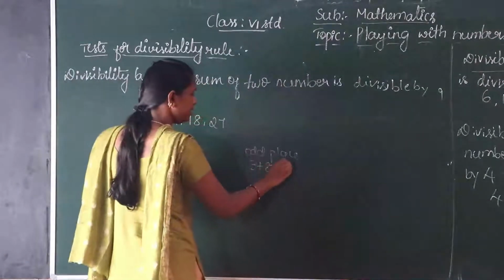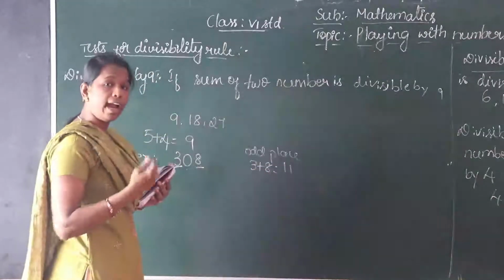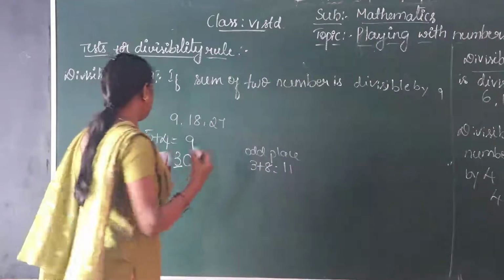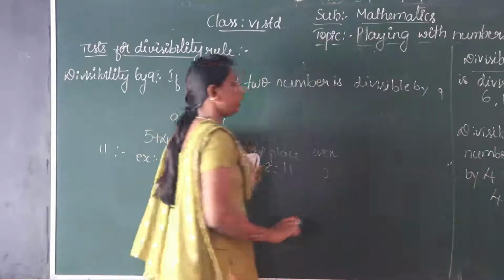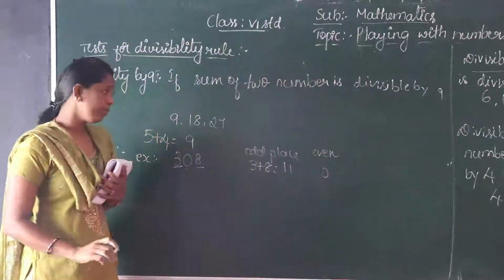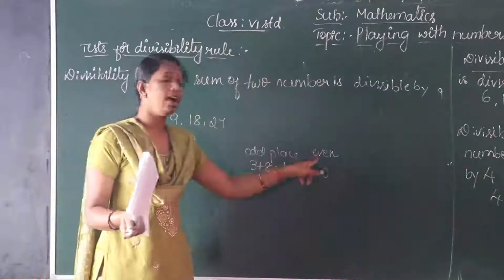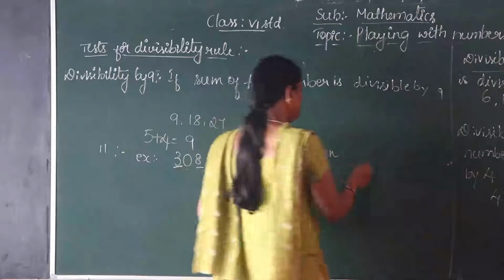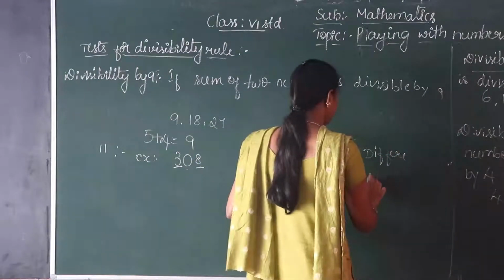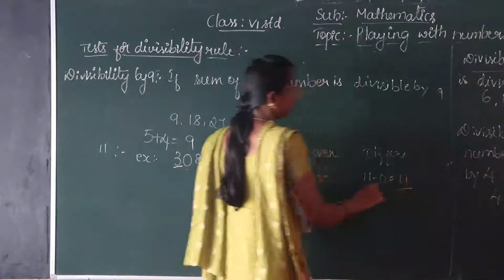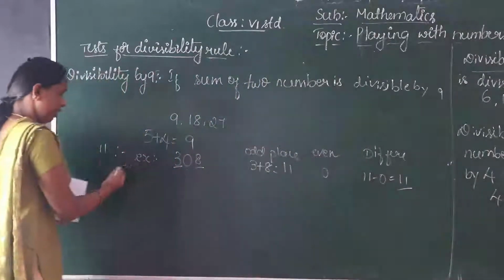You get 11. Then we add the even place digits. Only a single digit, 0, is present in the even place. Then the difference between the odd place and even place sums is 11 minus 0, which is 11. So 11 is easily divisible by 11.